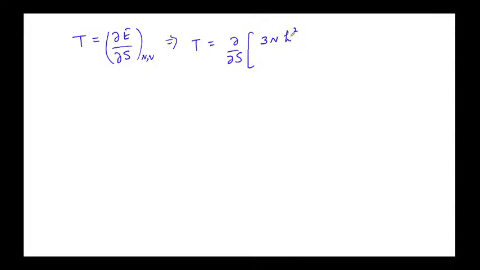Temperature, which we explained in our previous lecture, is partial E over partial S at constant N and V. Taking the derivative of this energy expression with respect to entropy, T becomes partial by partial S of the energy expression, that is 3n h squared over 4 pi m V to the power 2 by 3, times the exponential of 2S over 3nk minus 1.